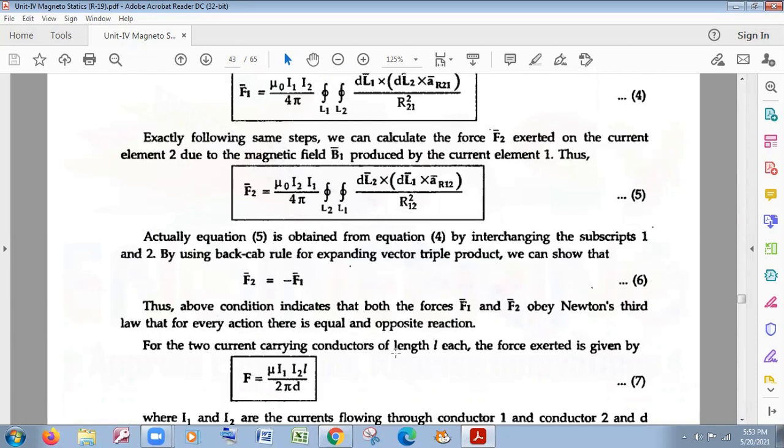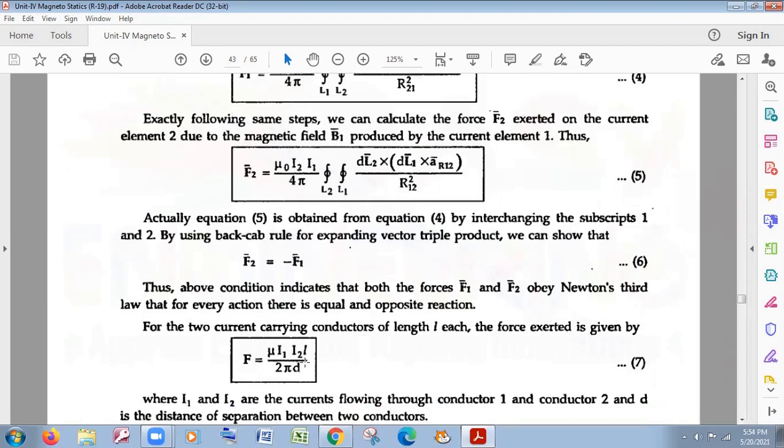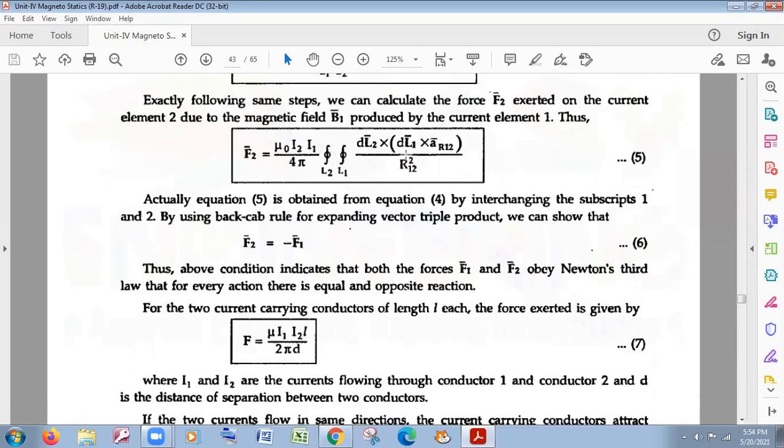For two current carrying conductors of length L each, the force exerted is given by F is equal to mu I1 I2 by 4 pi into the distance, which we can write as 2L by D. The distance is D, the same.